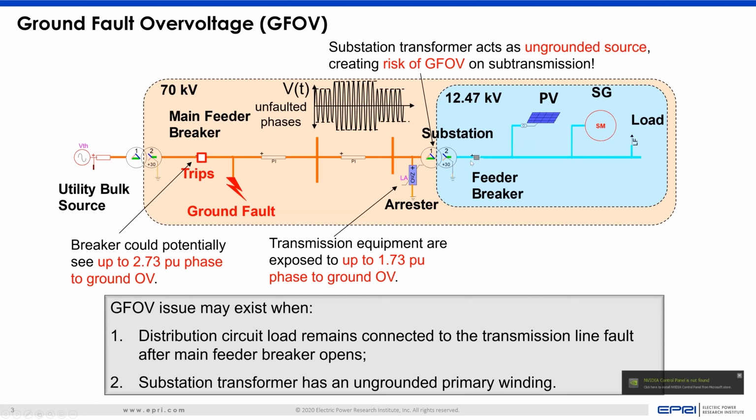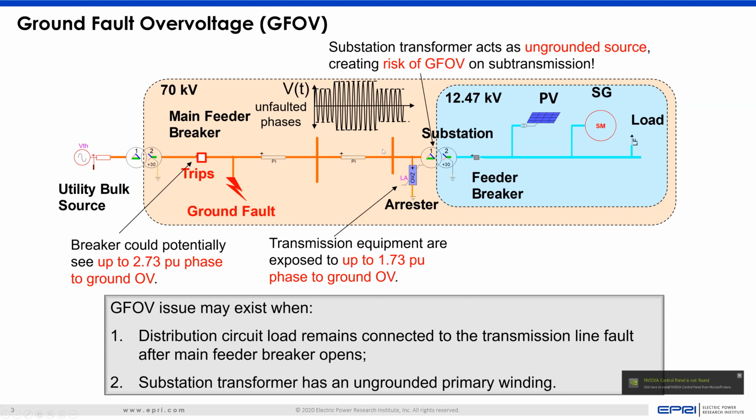The generators continue to energize the fault, and in that case, if the substation transformer has a primary winding that is ungrounded, either a delta winding or an ungrounded Y, then this ground fault leads to an increased voltage on the healthy, unfaulted phases. This voltage could be as high as 1.73 per unit, and it lasts until the DERs cease to energize the island, which could be up to 2 seconds.